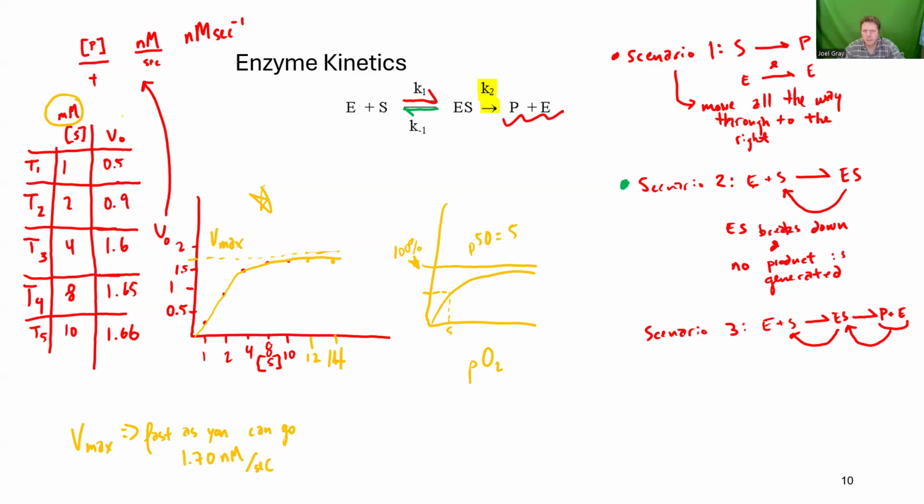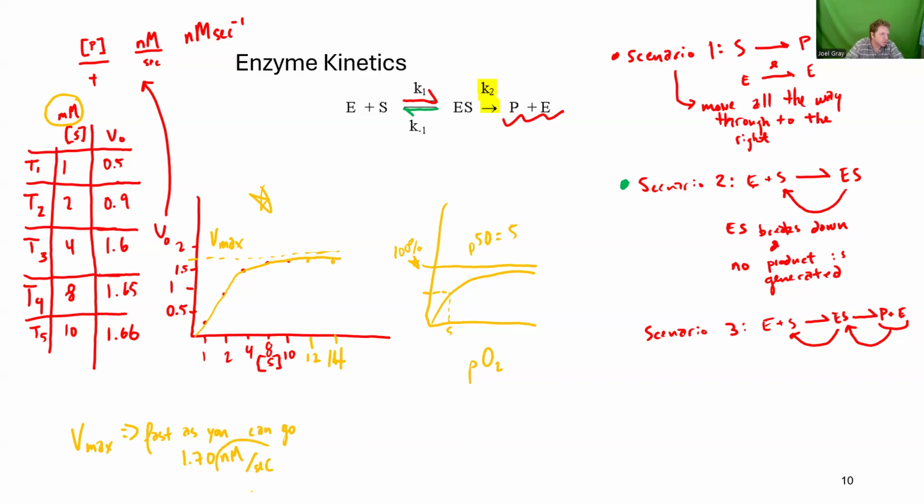You're measuring different things, so their magnitudes might be different. Nanomolar to millimolar is like a 1,000 fold difference. Is that reasonable? Yeah, it's possible. So at any rate, we've got our maximum velocity, or our Vmax.